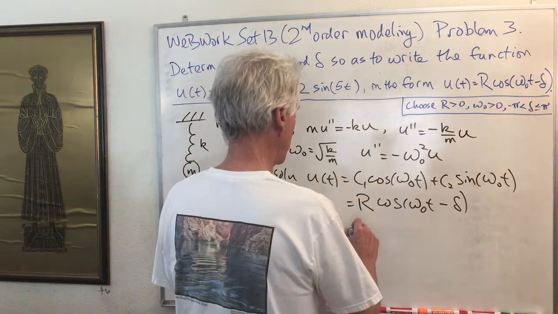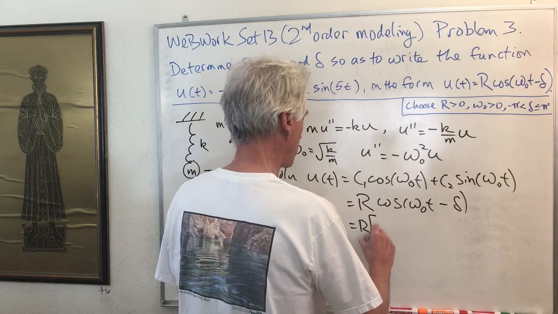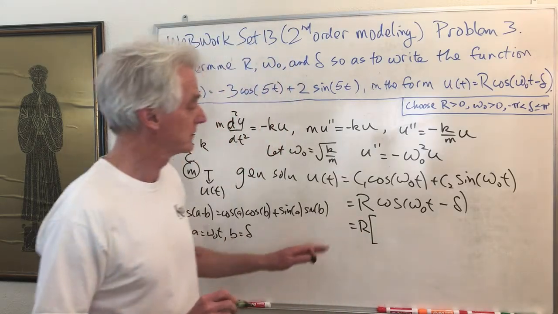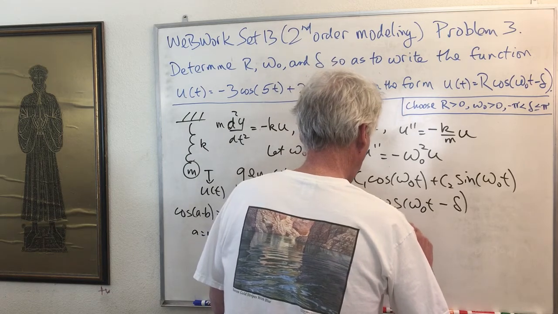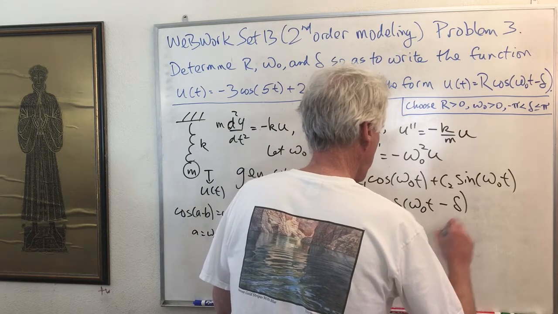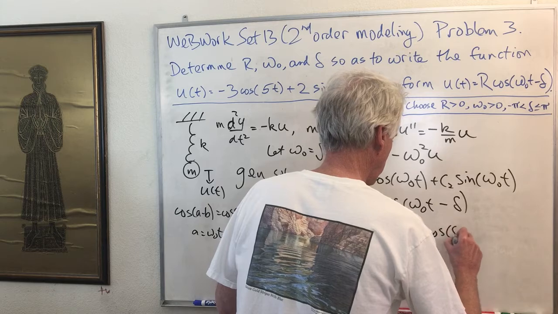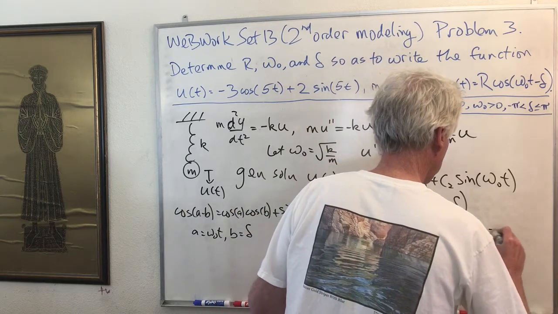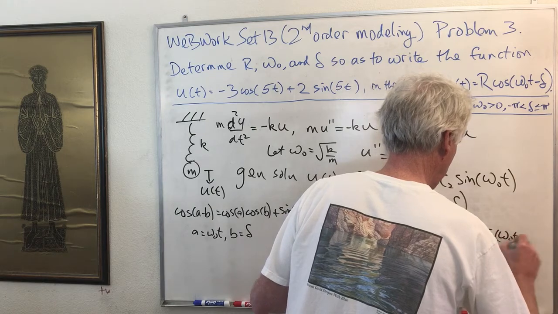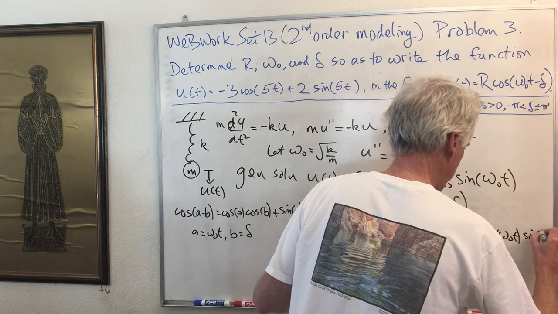So this is equal to r times a bracket: cos of omega naught t times cos of delta, plus sine of omega naught t times sine of delta.